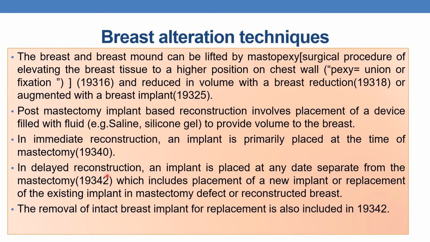In delayed reconstruction, an implant is placed at a date separate from the mastectomy, which is given by the code 19342, which includes placement of a new implant or replacement of the existing implant in a mastectomy defect or reconstructed breast. The removal of an intact breast implant for replacement is also included in 19342 and need not be coded separately.